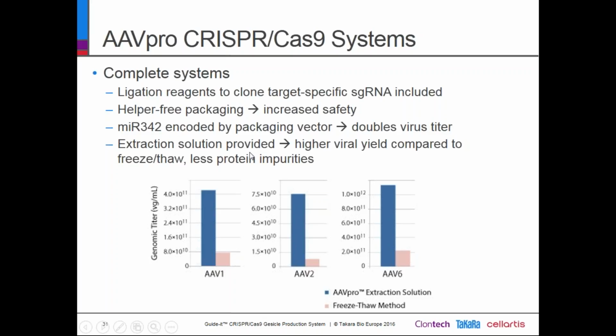This solution gives you higher titers compared to the classical freeze-thaw, which is shown in this figure. We have shown extraction of different AAV serotypes, and each time you can see that the extraction solution in blue gives much higher titers compared to the freeze-thaw method. So this is just to give you an overview of all the components included in the CRISPR-Cas system.